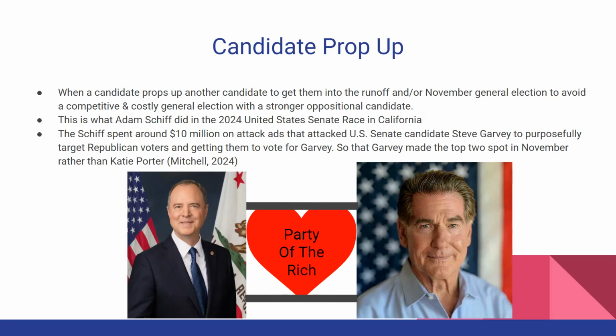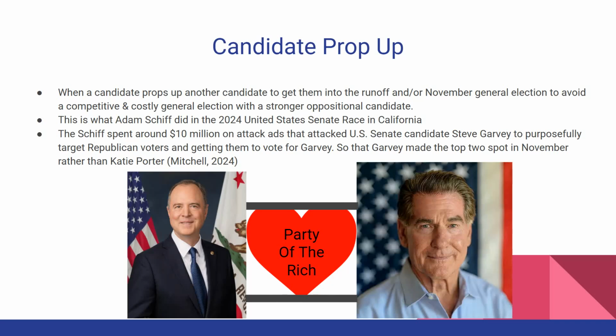And if Katie Porter was able to make the top two, I would have voted for her over Adam Schiff, because I don't like Adam Schiff, but I voted for Porter in the primary, but voted for Schiff in the general election because I didn't like Garvey at all.